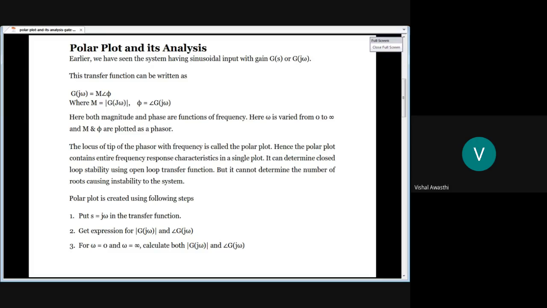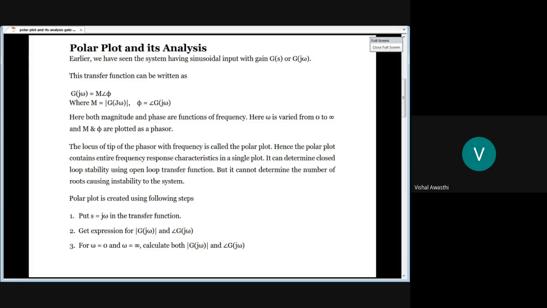To find the magnitude, find the mod of G(j omega), and for the angle or phase, find the angle of G(j omega).